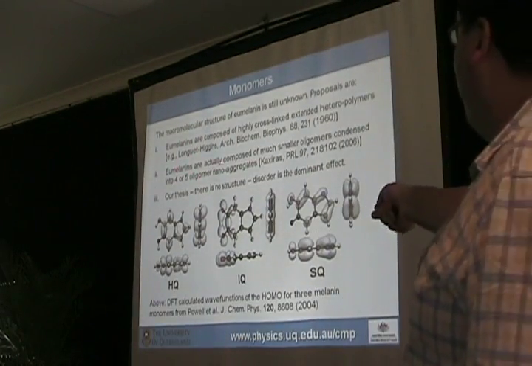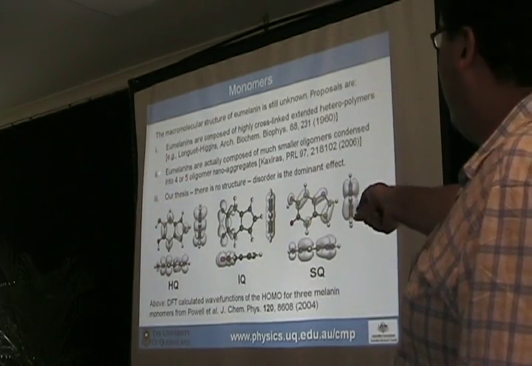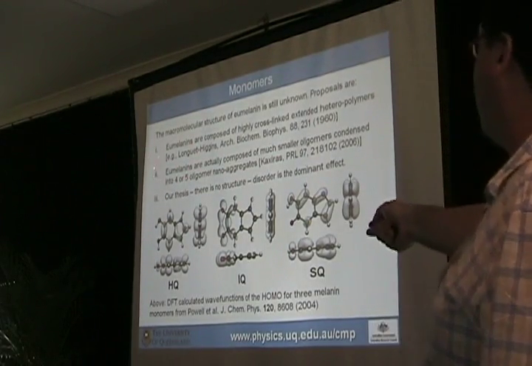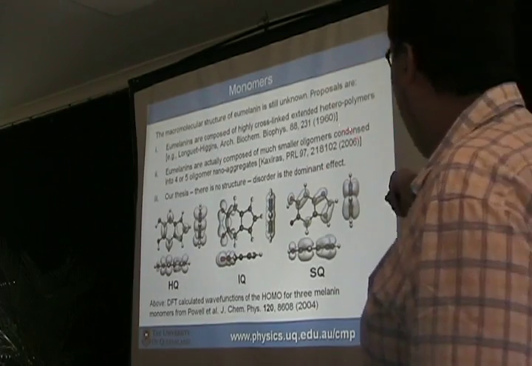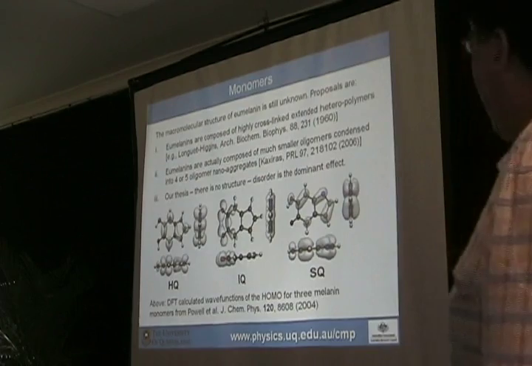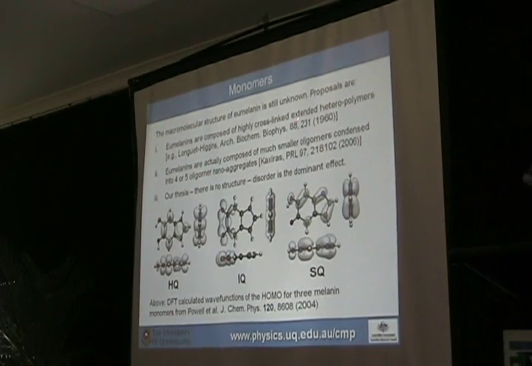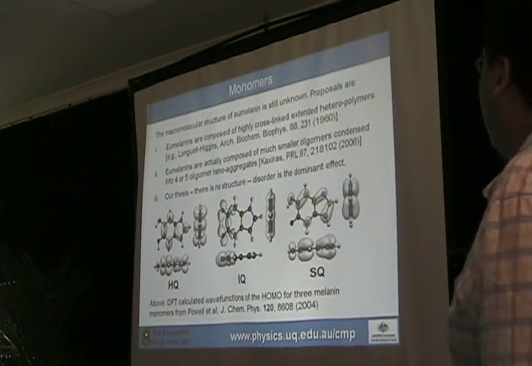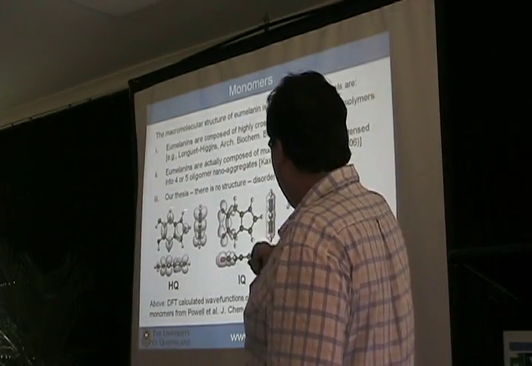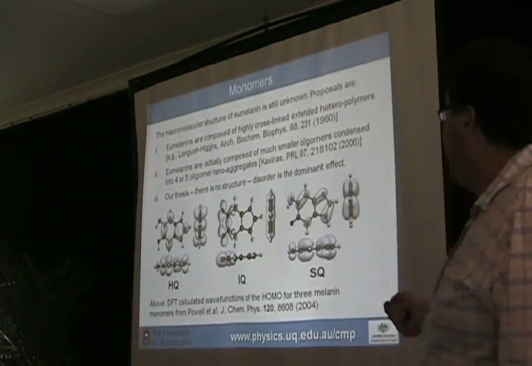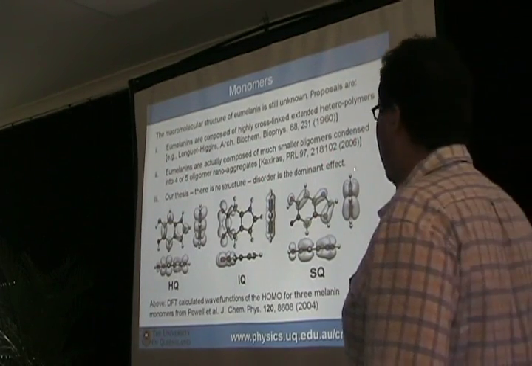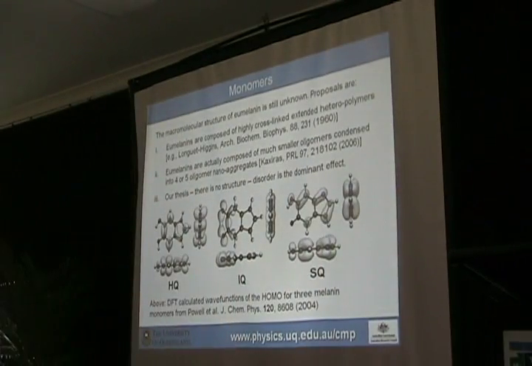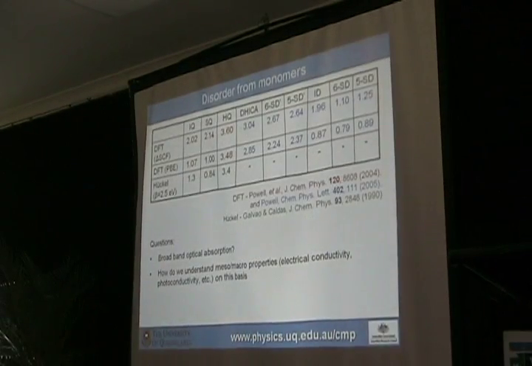The second model is that there are small aggregates that contain only 4 or 5 oligomers, with some specific structure that has important properties, and this model is still around; this paper is from only last year, arguing that a particular kind of tetramer is dominant in the structure. And another thing that Paul argued yesterday is that we think there's not really a structure, basically, and that disorder is actually the dominant effect you need in order to understand the properties. Okay, so here are some numbers.